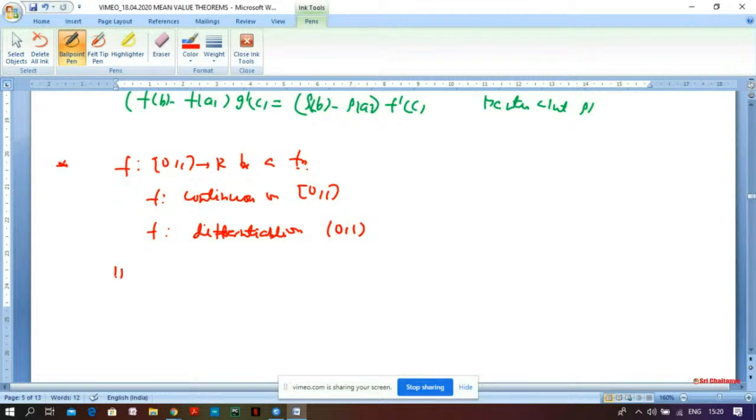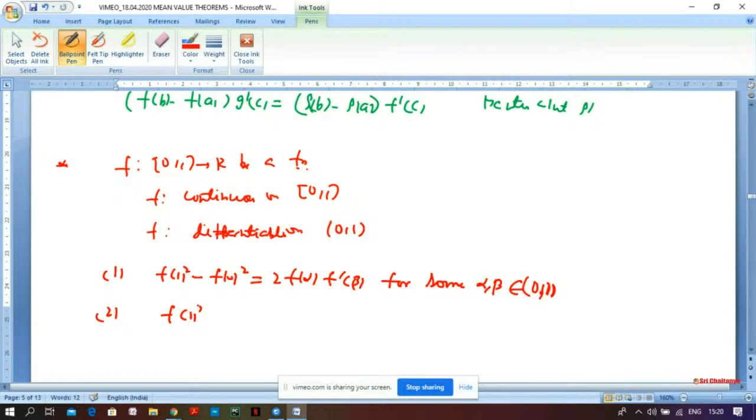Then you have to prove, first, that f(1) squared minus f(0) squared equals 2 f(alpha) times f prime(beta) for some alpha, beta that belong to (0, 1). And second, that f(1) squared minus f(0) squared equals twice f(alpha) f prime(alpha) for some alpha that belongs to (0, 1).